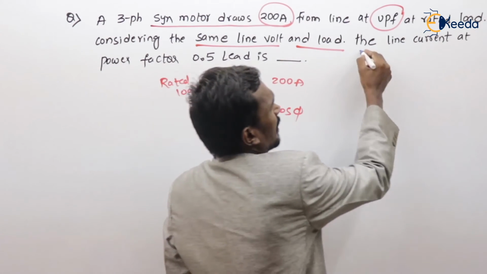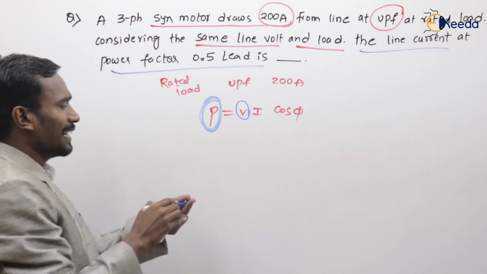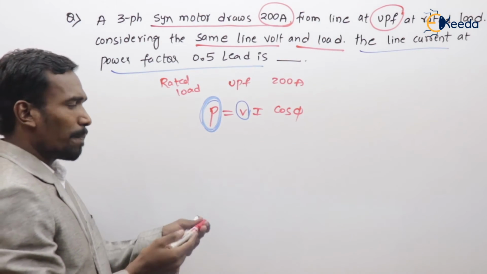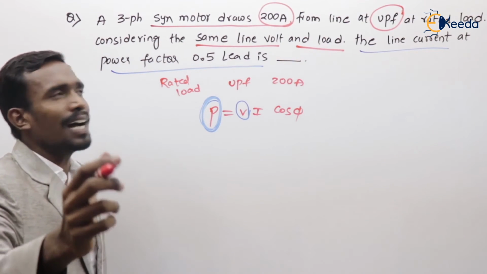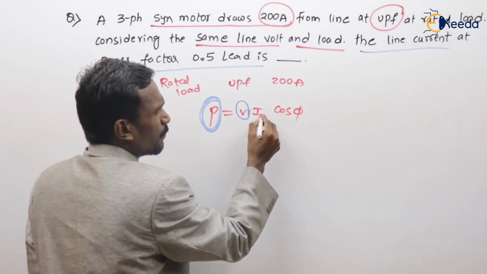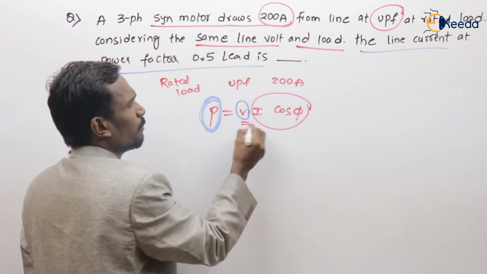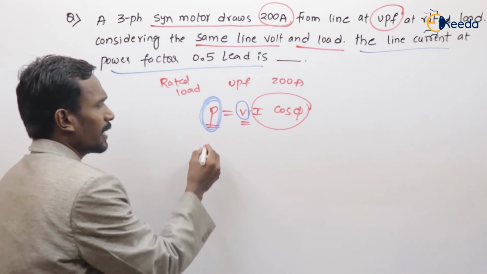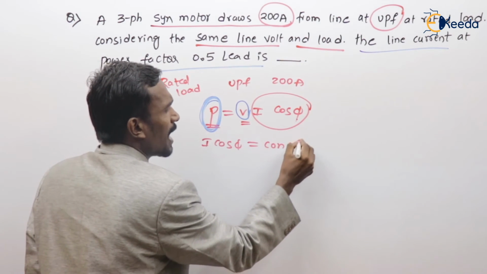Then we have to find out the line current at 0.5 power factor leading. Generally, when the voltage and load are the same, I cos phi should be constant.